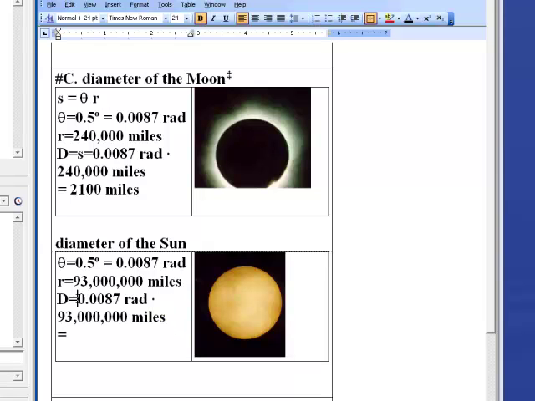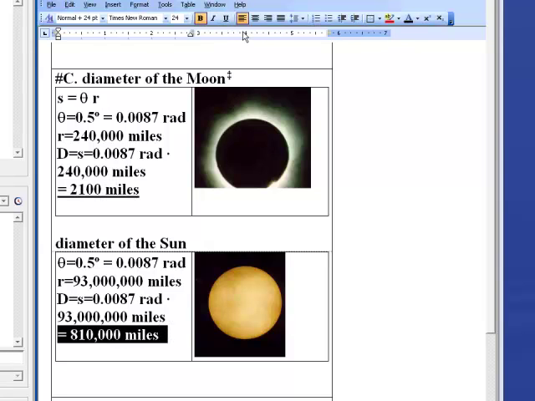And I might want to put in here the diameter is the arc length, roughly, pretty close to, and multiply that by 93 million miles on the side, and I come up with 811,578 miles, and rounded to the nearest 10,000, I come up with 810,000 miles. A huge sun, of course.